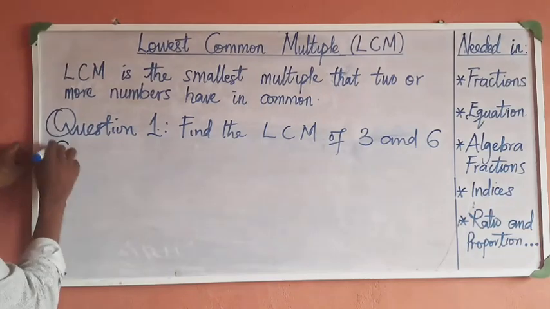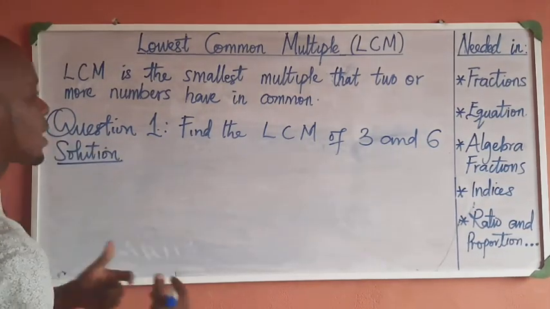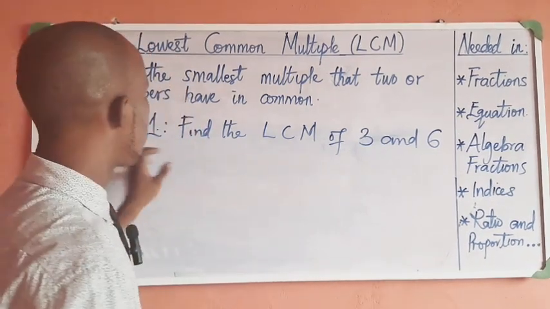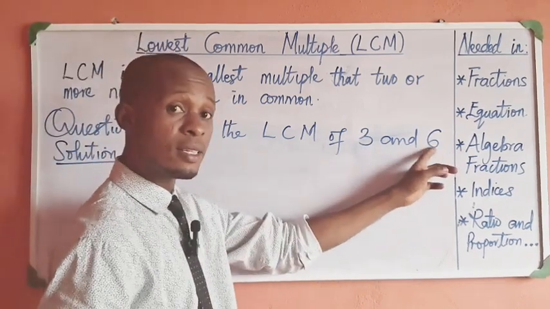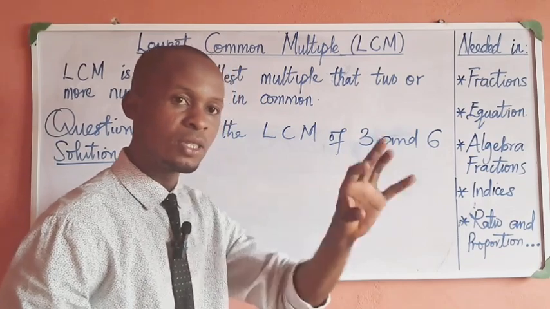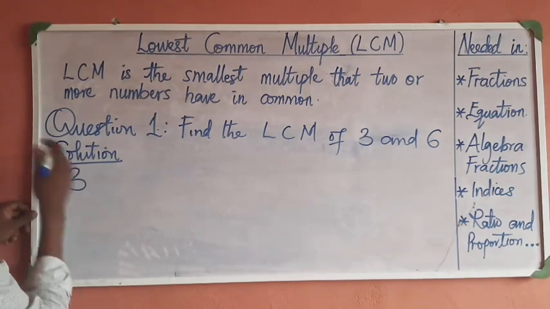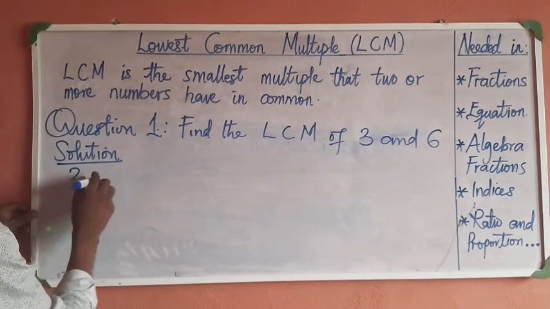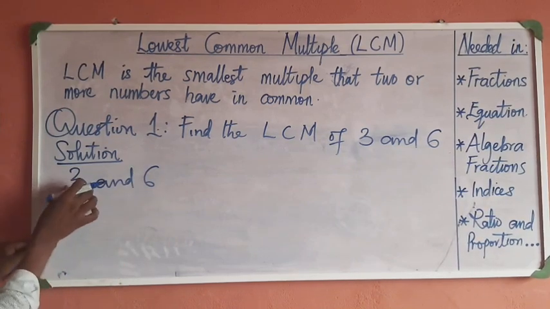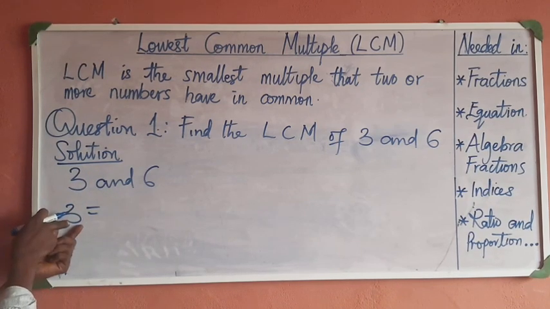Solution. How should I find the LCM of 3 and 6 using the listing multiple method? I will write the first given number down and then list the multiples of that number.